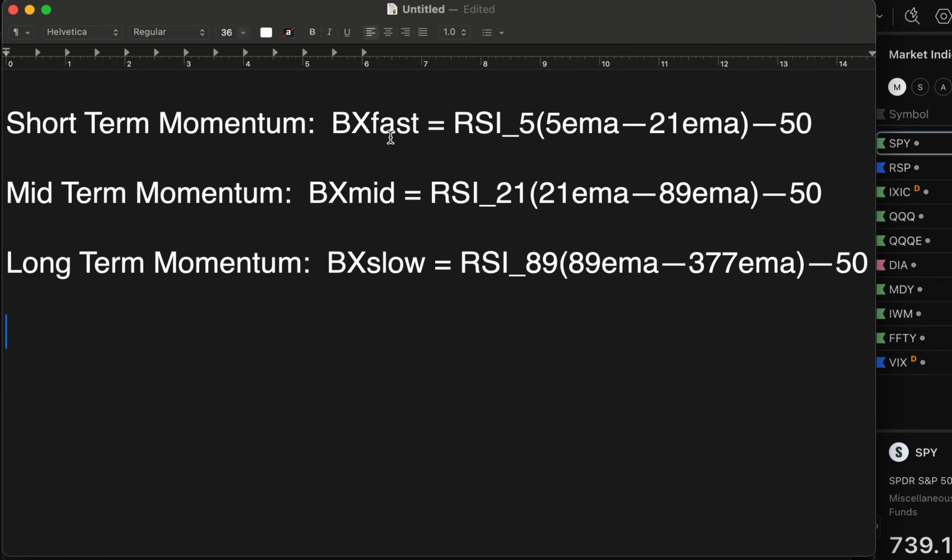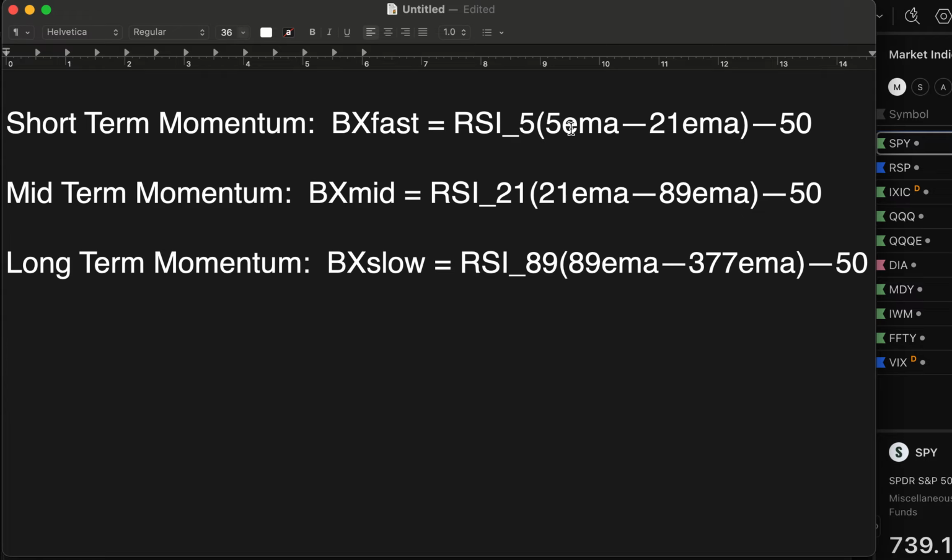For the short-term momentum, the BX fast, you're doing an RSI with a five period look back, and you're taking the RSI of not the price, but the difference between the 5 EMA and the 21 EMA. So RSI basically measures up moves and down moves of a variable.